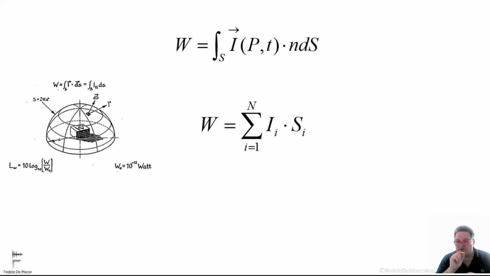The inverse formula is also valid, so we can obtain intensity from the ratio between power and the surface. So intensity is equal to power over surface.